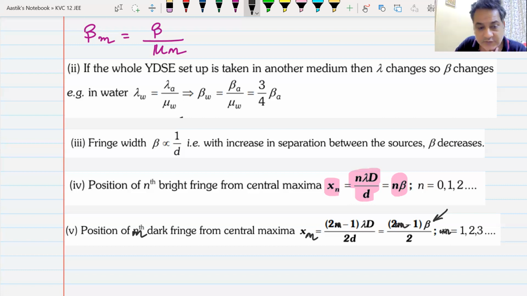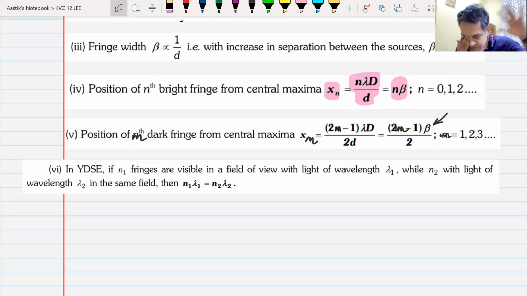Now, one question which has come in one of the 5-6 years before JEE was this. There are N1 fringes visible with wavelength lambda 1. How many fringes will be visible if the wavelength is changed to lambda 2? So you can see the fringe width is proportional to n into lambda. So n into lambda will remain constant if all of the other things are the same.